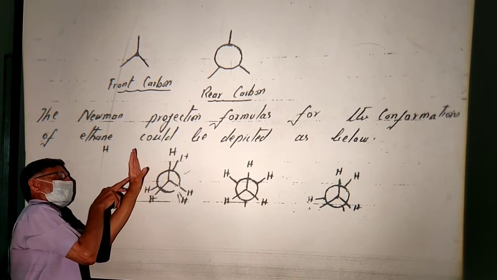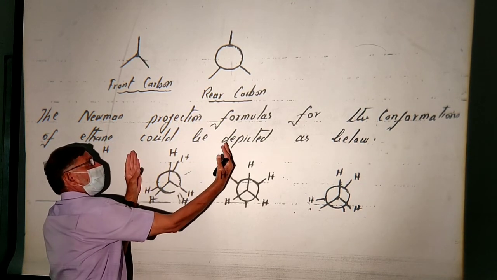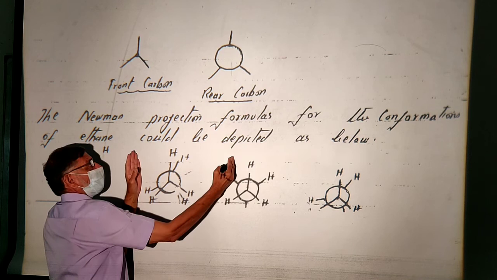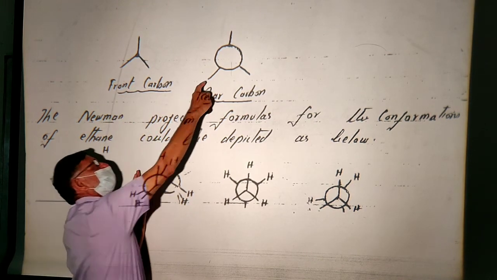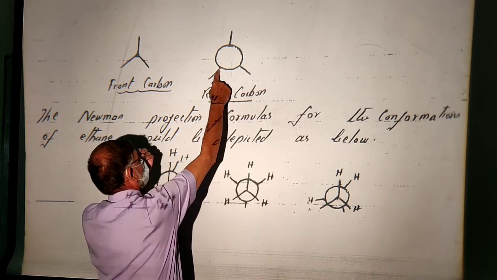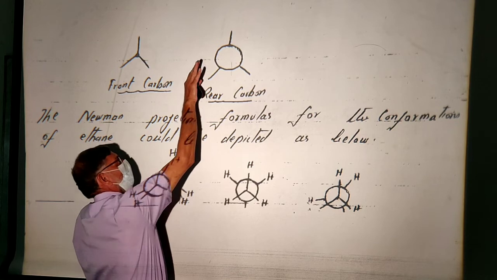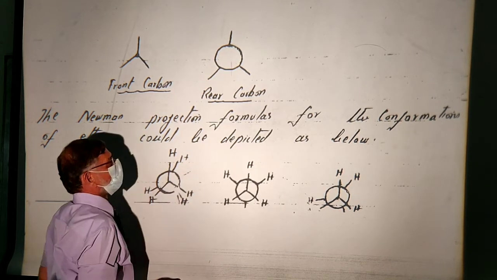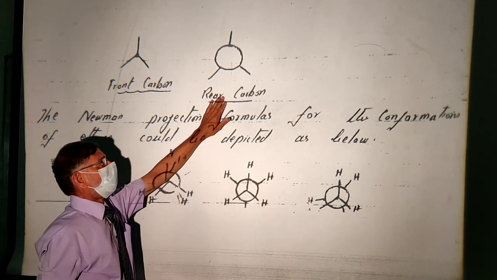This is the front carbon, and this is the rear carbon, which is farther from it. It could be looked at from here as a dot, and it could look like a circle, and these are the methyl groups, which are exactly lying upon each other. This is the eclipsed form, the front carbon and the rear carbon.